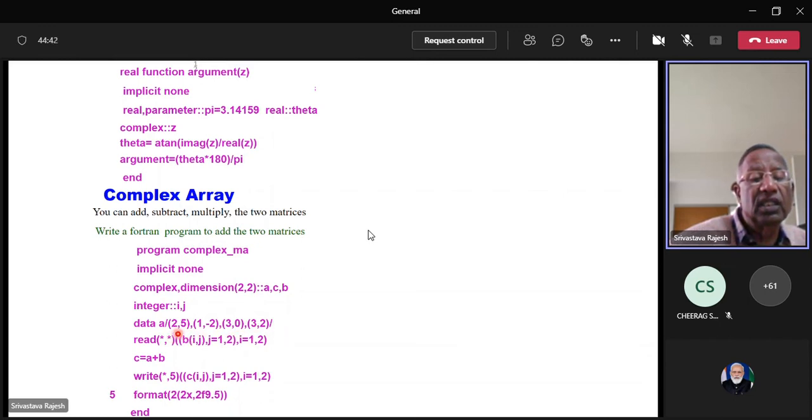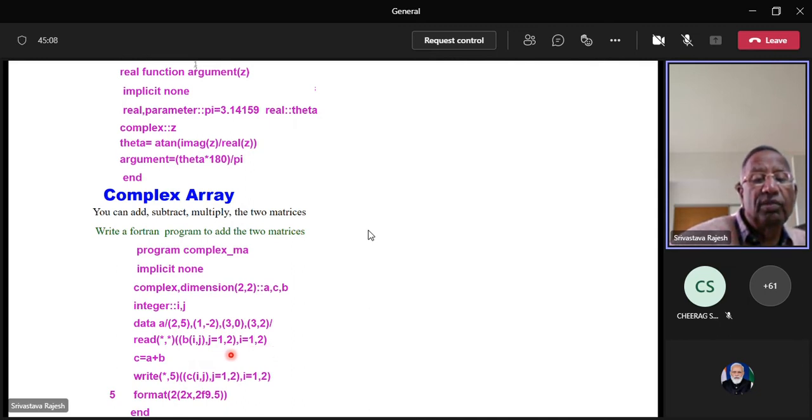You can see that if you declared A as data, then complex numbers can be given in this way. Now you can read the B value and write B i j, and similarly you can write the values by an implied do loop here.